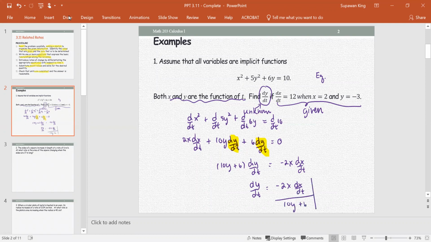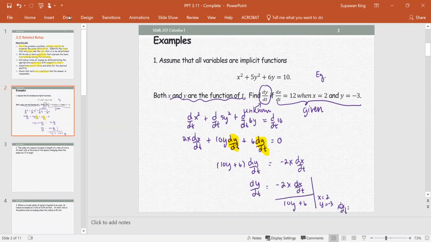Evaluate where x equals 2, y equals negative 3, and dx by dt is given as 12. We get negative 2 multiplied by 2 multiplied by 12, all divided by 10 times negative 3 plus 6. So we get the answer as positive 2, the rate of change of y with respect to time t.